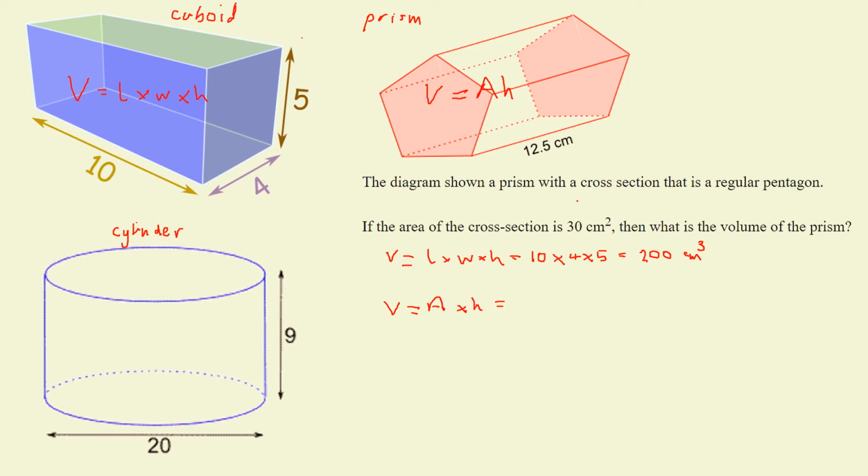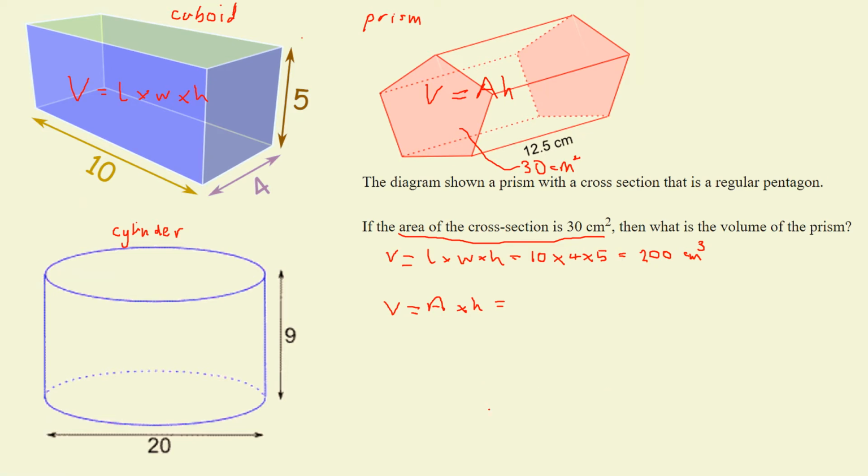We're told the area of the cross section is 30 square centimetres. Whenever you see something like that, it's just telling you the area of the bit on the end. It's called the cross section because we cut across the shape. We always get that pentagon here for this one. So a prism would always have the same shape all the way running through it as its cross section.